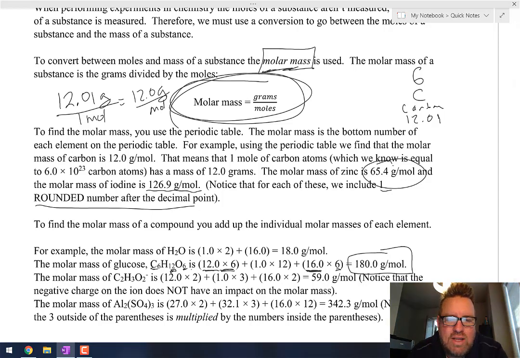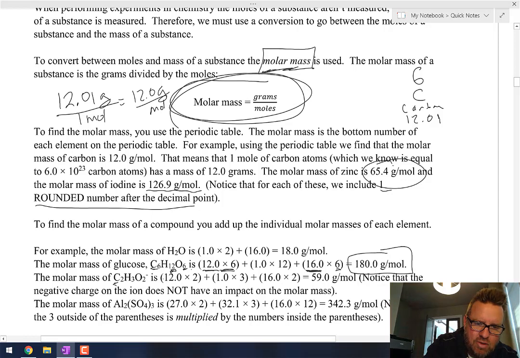Okay, the molar mass of C2H3O2-, if you remember from Unit 3, that is the chemical formula of acetate. So acetate has a molar mass of, again, carbon has a mass of 12, and there are 2 of them. Hydrogen has a mass of 1, and there are 3 of them right here. And oxygen has a mass of 16, and there are 2 of them.